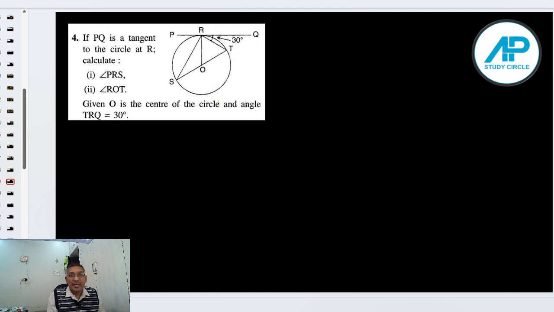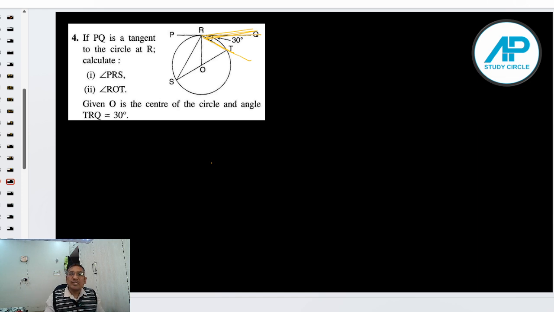Again, see the next question. Again, the property we are using is alternate segment. So you got a tangent and you got a chord, right? And this gives you the property of alternate segment.